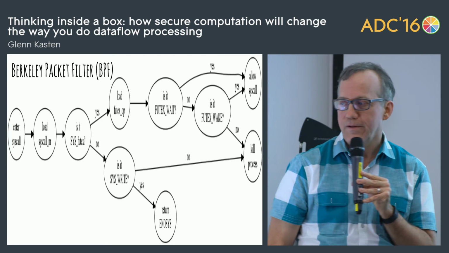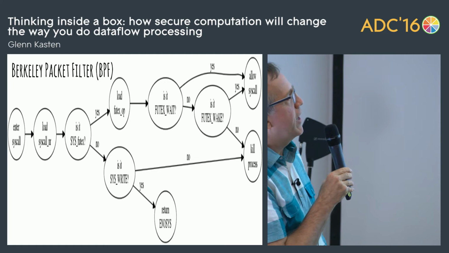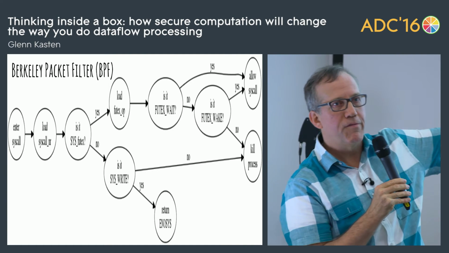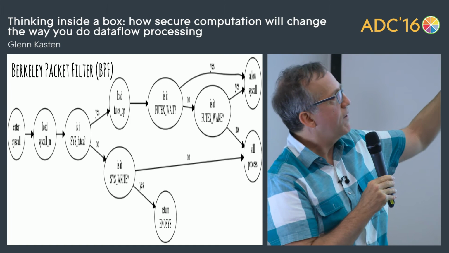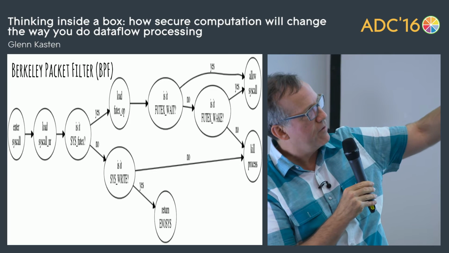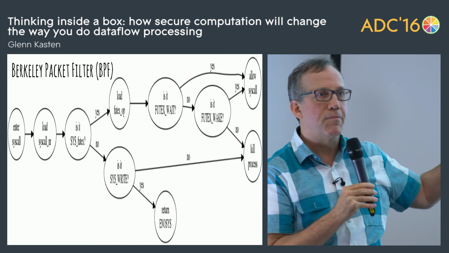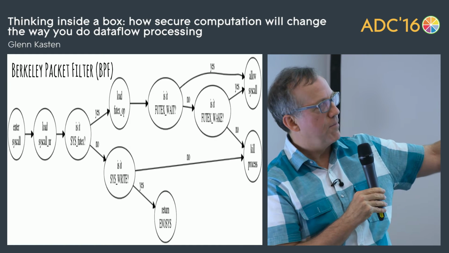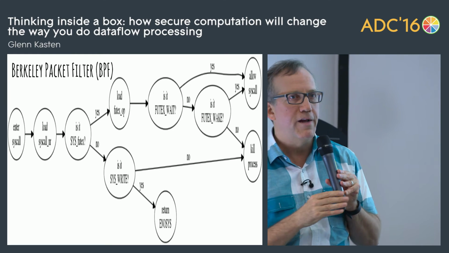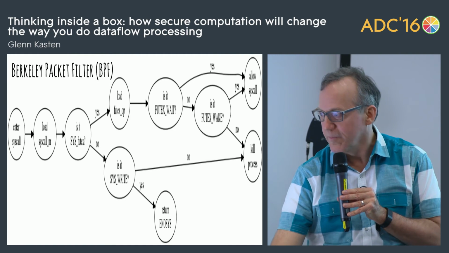We can represent that bytecode or that program as a graph. What happens is it looks at the register containing the system call number, checks whether it's the futex system call. If so, it does a few more checks to see whether it's wait or wake up. And if not, it just simply kills the process. And then for the purposes of the demo I'm going to show you, we're also going to allow the write system call to be executed, except we're going to return a particular error code.